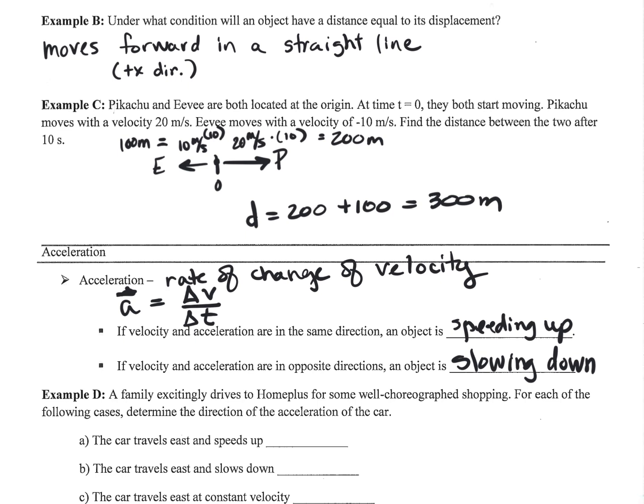Now, we can actually take this right here and see that this is going to be final velocity minus initial velocity divided by time, right? I can manipulate that equation, believe it or not, and come up with an equation that says this.